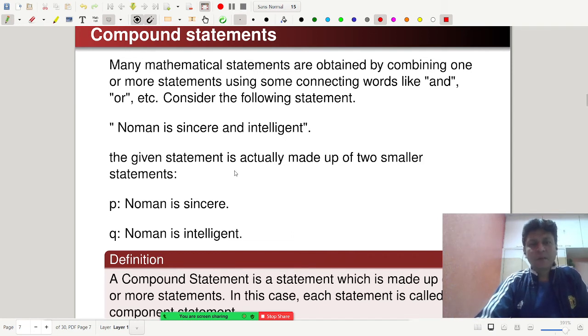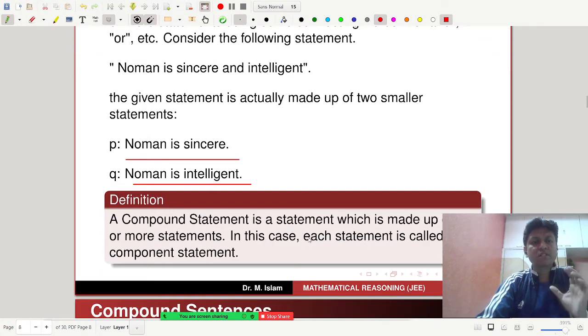The given statement is actually made up of two smaller statements: Noman is sincere and Noman is intelligent. These sentences are combined using the word and. So these are called compound statements.